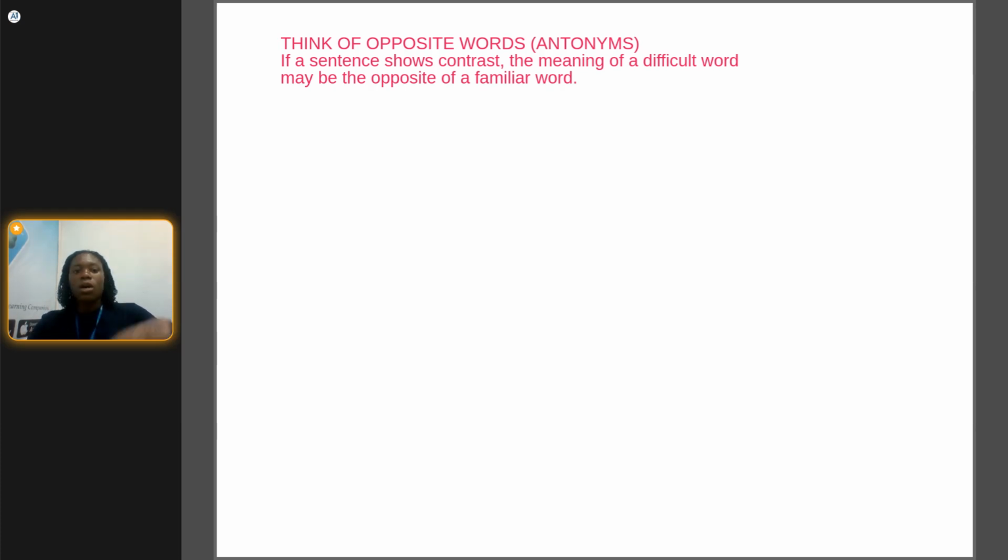So you're going to have to look for words showing contrast. And what does it mean to look for words showing contrast? It means you have to look for negative words. When you talk about contrast, it means something negating another thing. So for contrast, we are looking for words that negate.